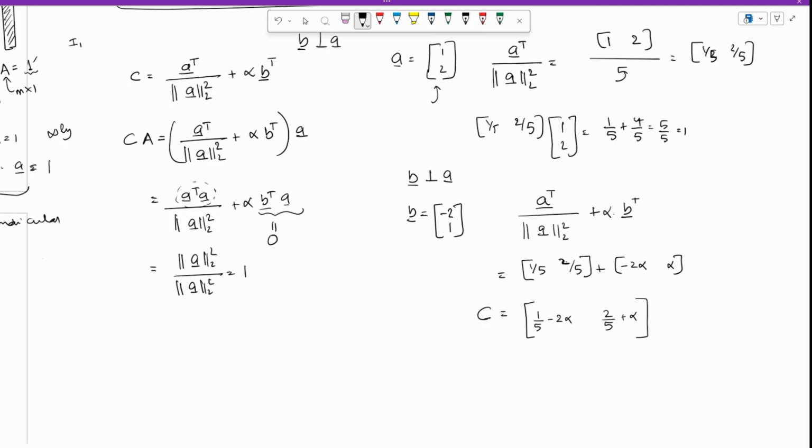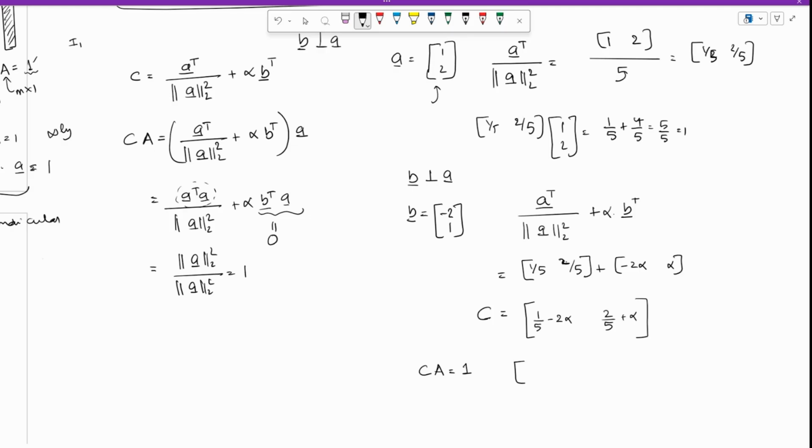Any matrix of this form, if I post multiply this matrix by A, I will get 1. You can verify later on that this is equal to 1.